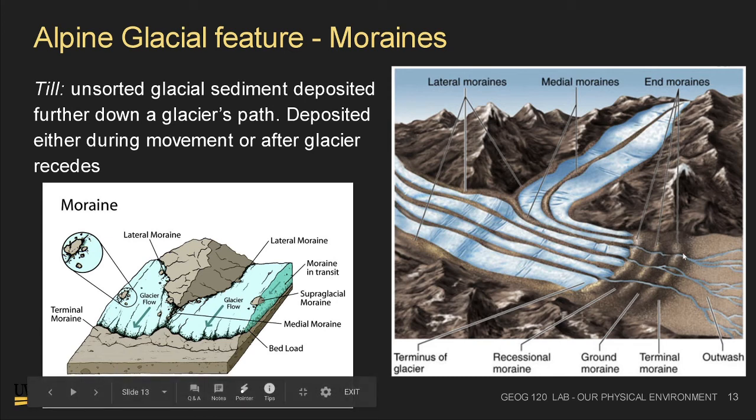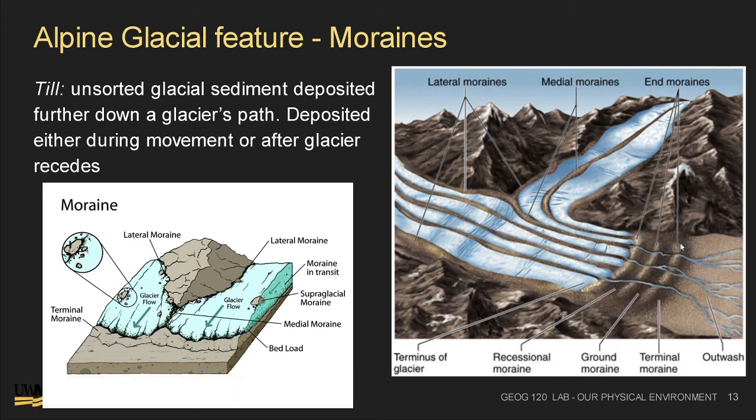Like in this example, this shows really well the different kinds of moraines that might form, whether stuff is deposited on the side of a glacier, like on lateral moraines, or being pushed forward like a recessional or terminal moraine. Terminal moraine just means the furthest that a glacier ever made it over time.